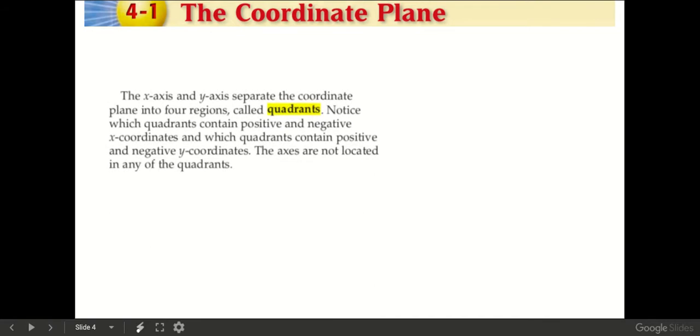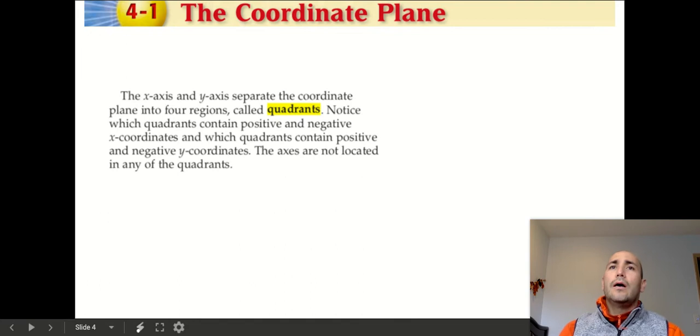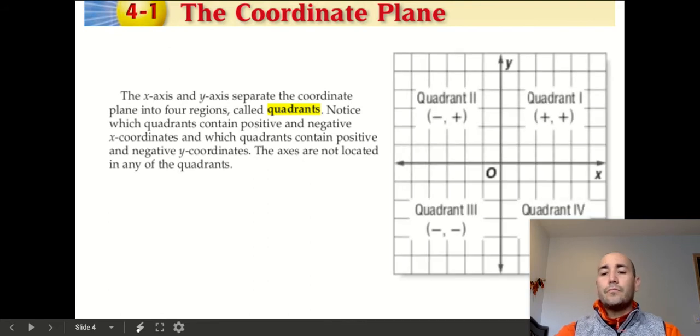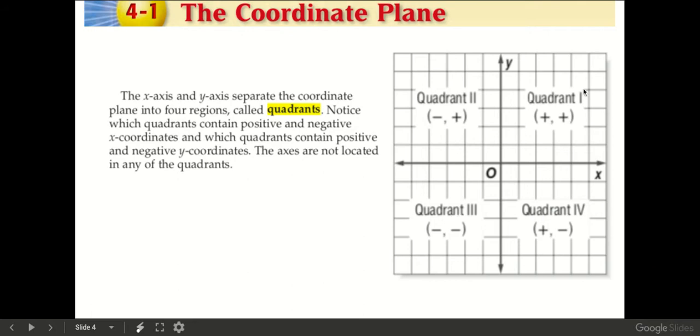The x-axis and the y-axis separate the coordinate plane into 4 regions called quadrants. Notice which quadrants contain positive and negative x-coordinates and which quadrants contain positive and negative y-coordinates. The axes are not located in any of the quadrants. So let's take a look. The one on the top right is quadrant 1. This is where the x and y coordinates are all positive, right?